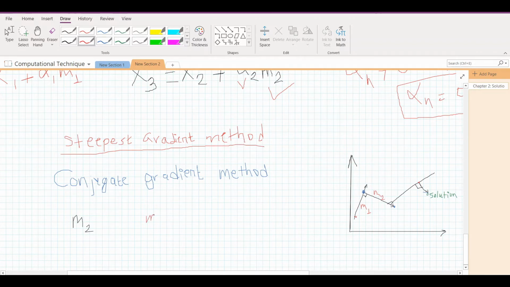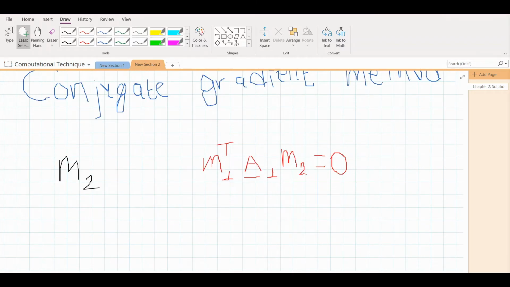M1 and M2 are conjugate with respect to the Hessian matrix.